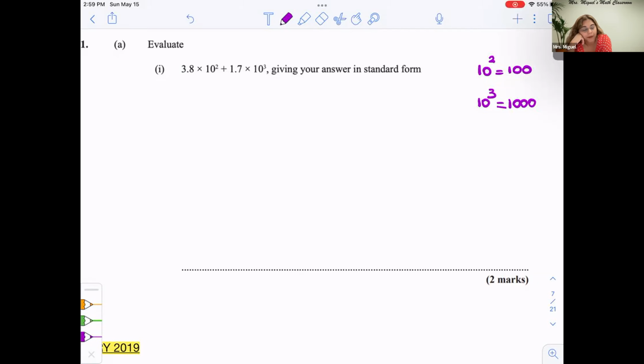You will get 1 mark for working it out correctly, and the 2nd mark for writing it in standard form.